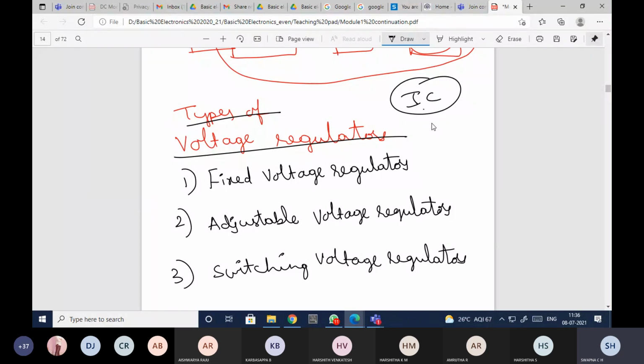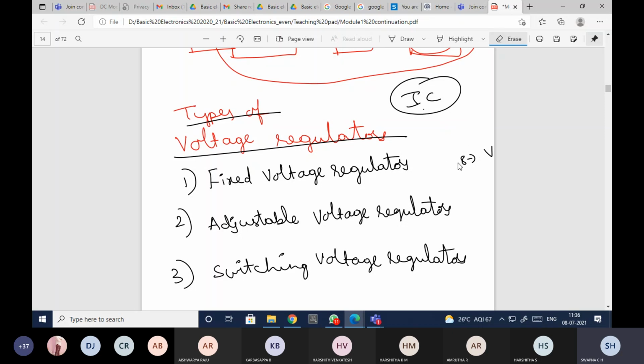Like if the IC number is 7805, then it will provide 5 volts. Or 7905, then it will provide you minus 5 volts. 7808 will provide you 8 volts. Like that, different ICs will provide you fixed output voltage.